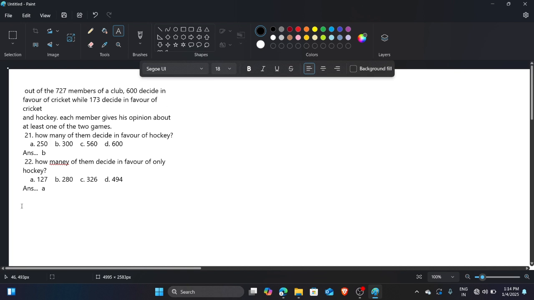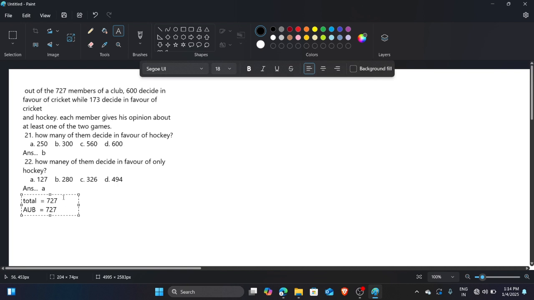So first, the total is equal to 727. This question is basically of set theory. So you can say that 727 is the union, A union B.